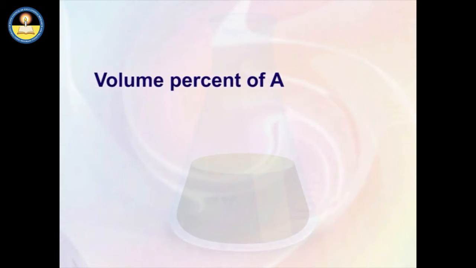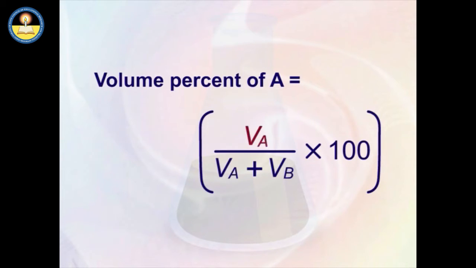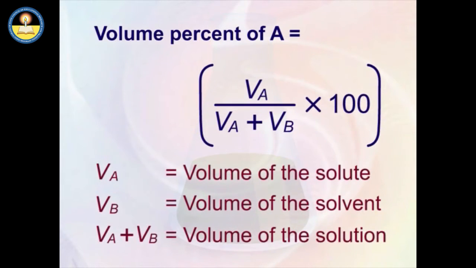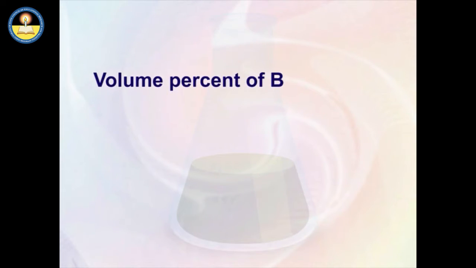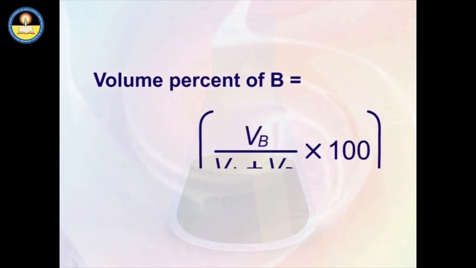Mathematically, it can be written as volume percent of A equals VA divided by VA plus VB multiplied by 100. And volume percent of B equals VB divided by VA plus VB multiplied by 100.